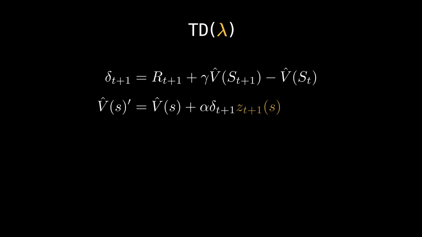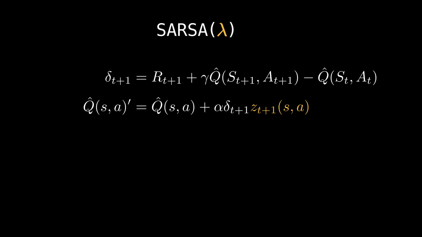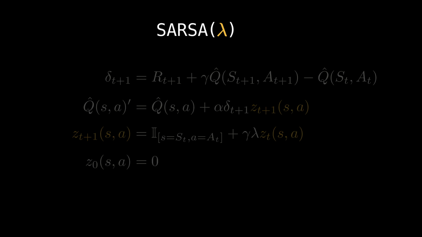The key difference is that each state is assigned an eligibility trace Z, which is a short-term memory vector that measures how eligible each previously visited state is to receive learning updates if a TD error occurs. We can use the same idea with the control problem by swapping the value function with the action value function. There are many ways to define Z, but let's look at a simple example, the accumulating eligibility traces method.